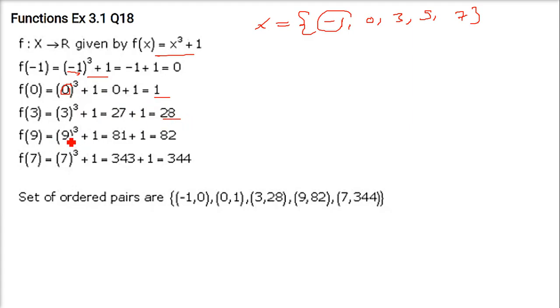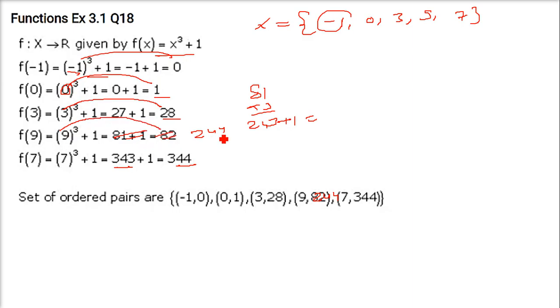We put 9, 9 cube is 729, plus 1 is 730. We put 7, 7 cube is 343, plus 1 is 344. So the ordered pairs are (-1, 0), (0, 1), (3, 28), (9, 730) and (7, 344). This is the set of ordered pairs.